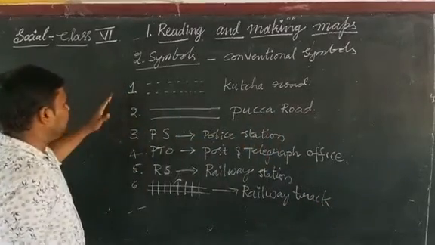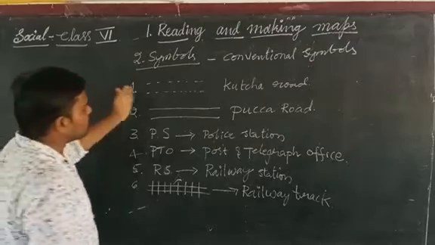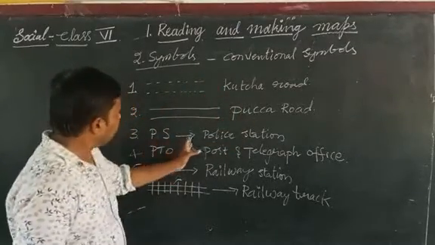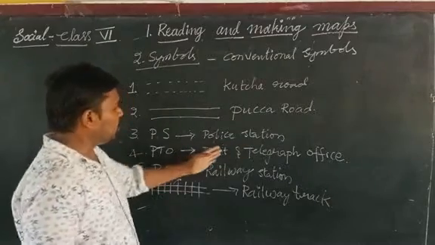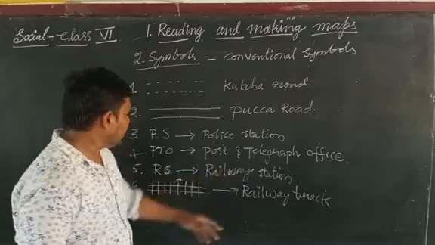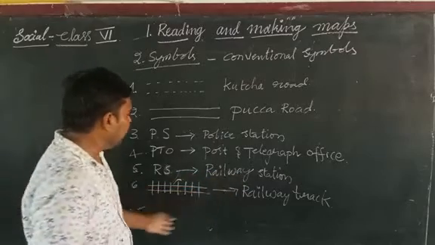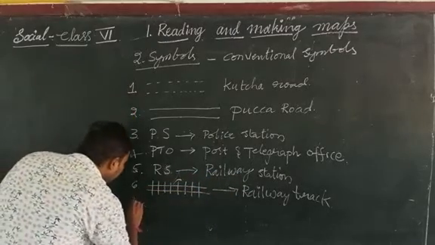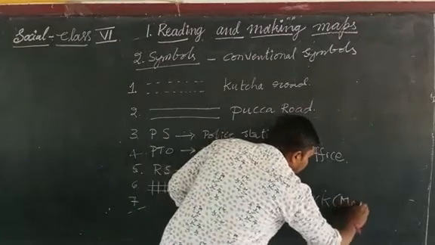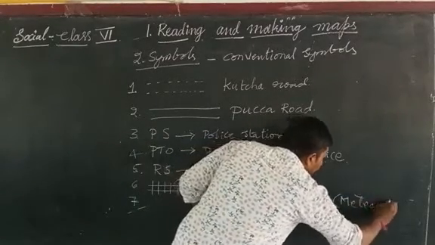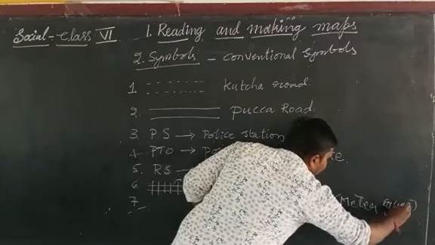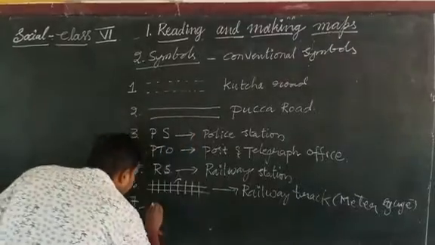These are the symbols: the first one is Kacha road, the second one is Pakka road, and the third one is police station, PTO, post and telegraph office, and RS, railway station. This is the railway track, and one more railway track is this. This is the meter gauge railway track.